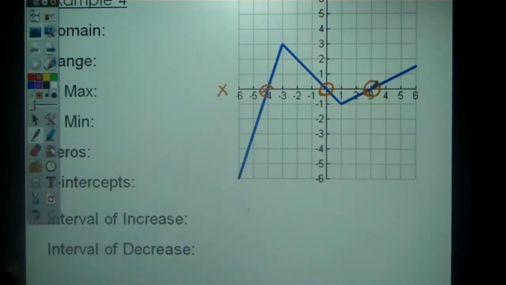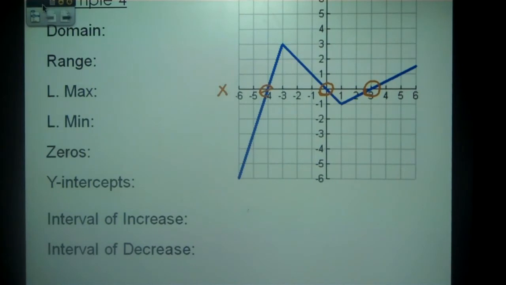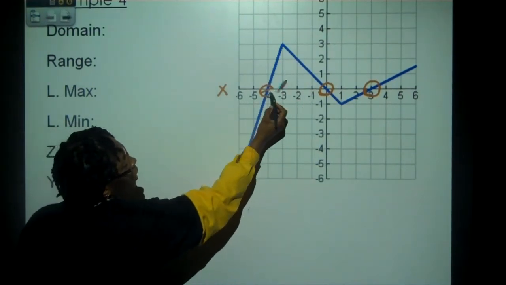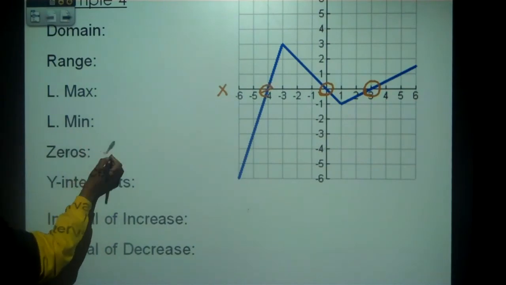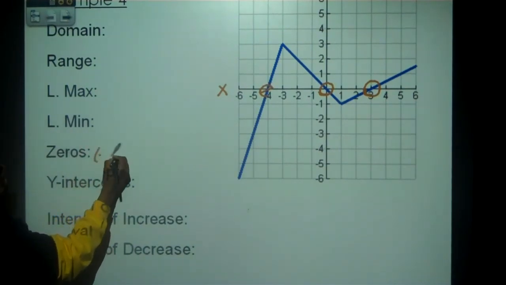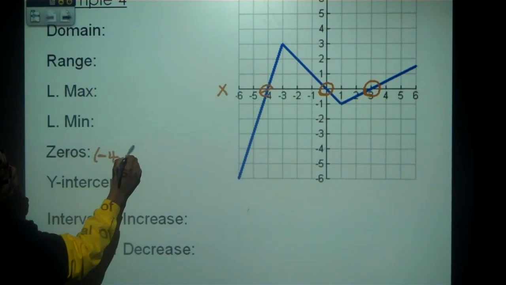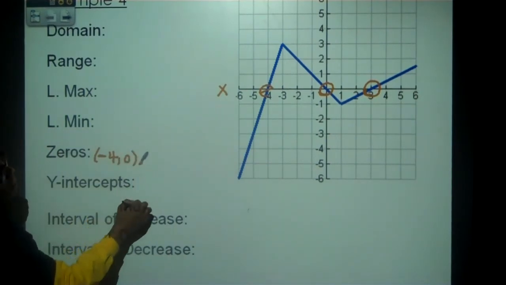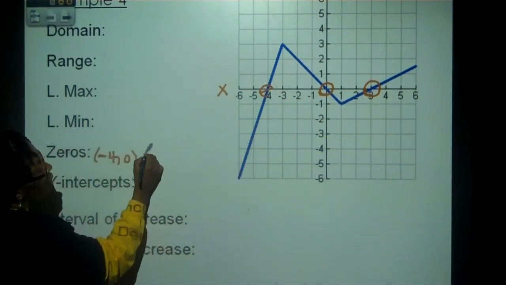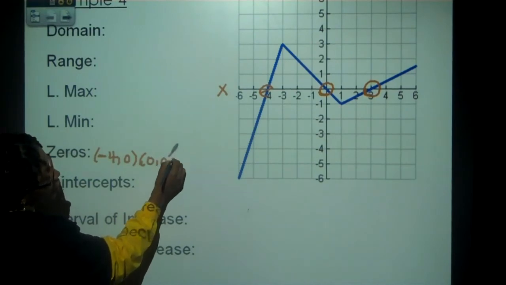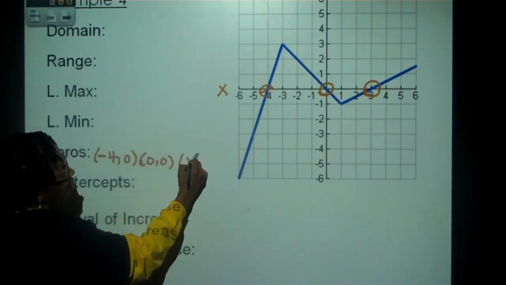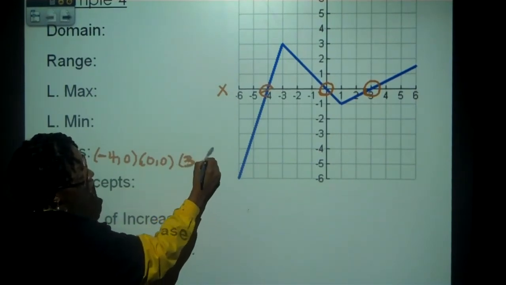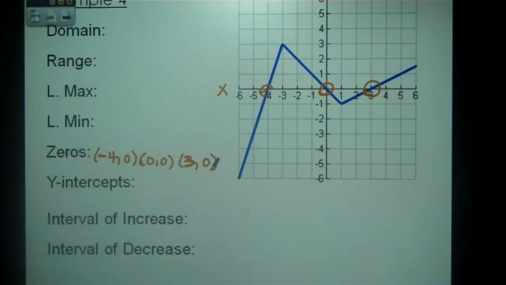If we were to write these as points, how do I get to this point here? I go over to -4 and I stay at 0. So my first zero is -4, 0. My second zero is right on my origin at 0, 0. My third zero is at 3, 0. Those are all my zeros, my x-intercepts.